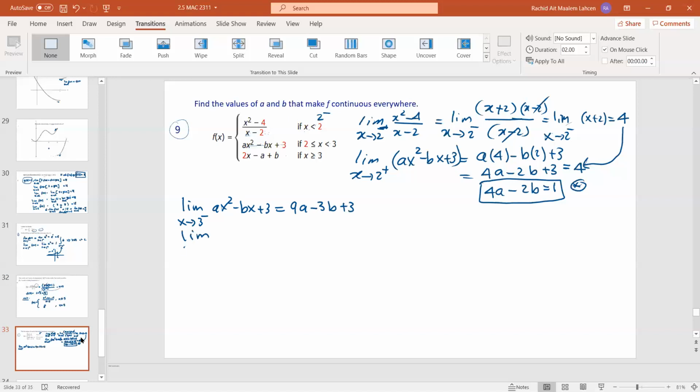And now from the right side, it's 2x minus a plus b, and that would be 6 minus a plus b. And we want these two to be equal.